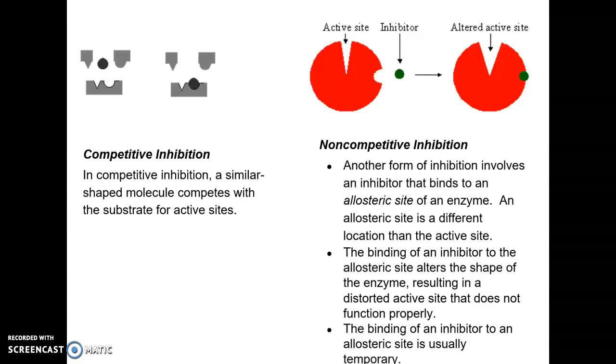That is to say that no amount of increase of substrate is going to change whether the non-competitive inhibitor is inhibiting the enzyme, because it binds somewhere else other than the active site and changes the shape of the protein, which changes the shape of the active site.